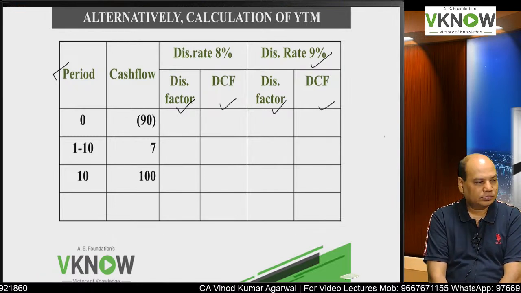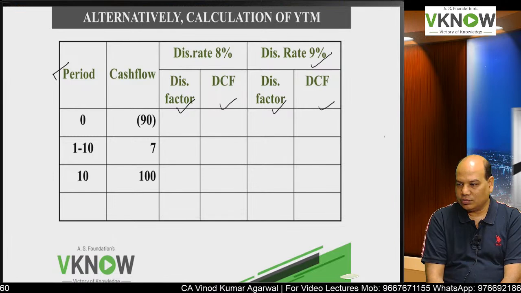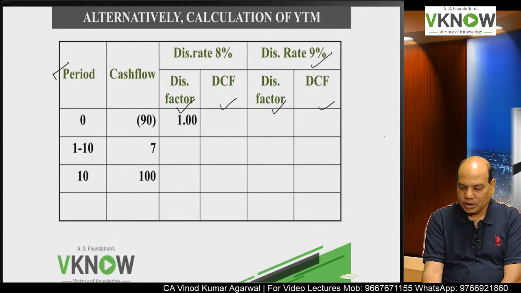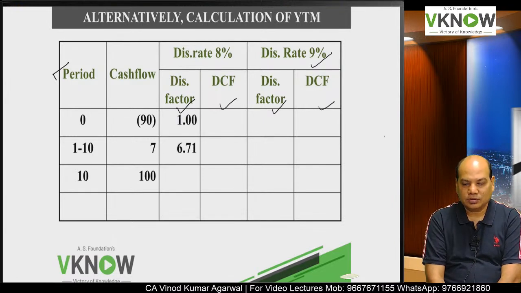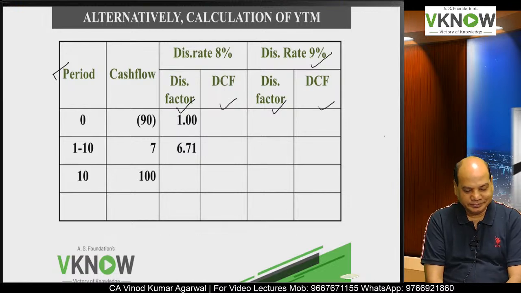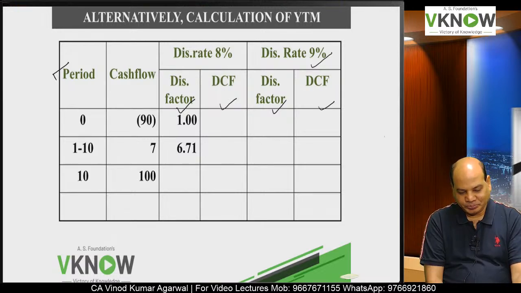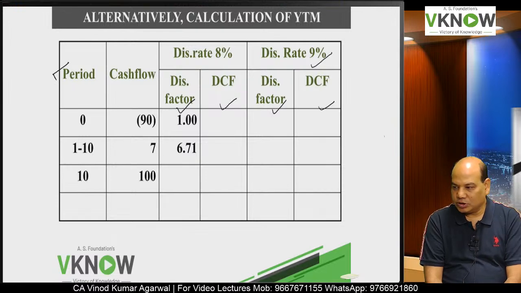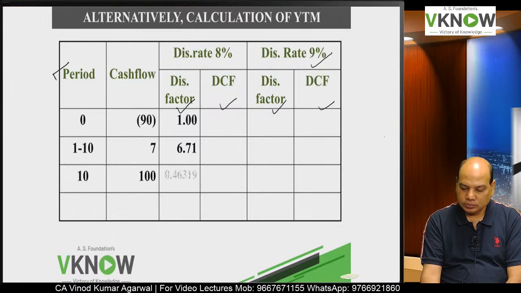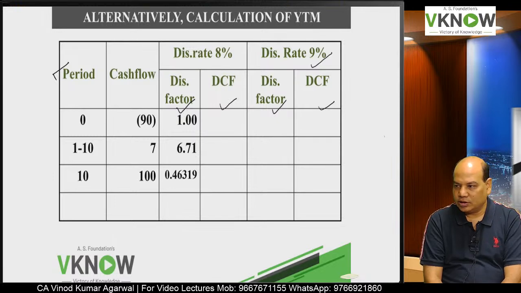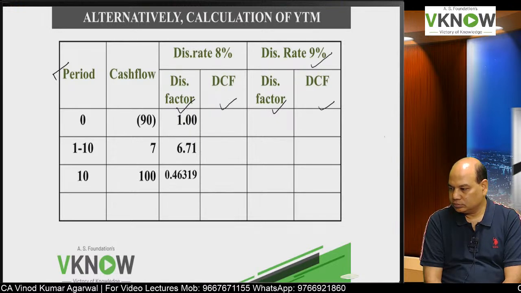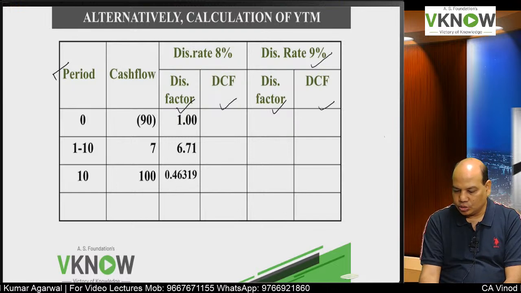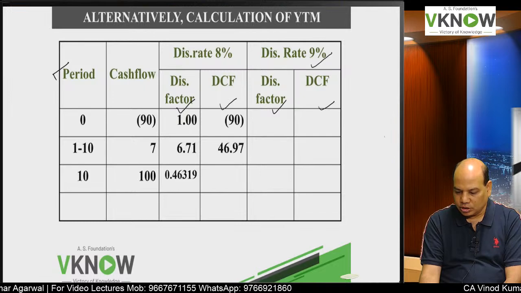Now solve. Use your calculator. Get the annuity factor for 8% and 10 periods. So it is 6.71. Try the next, 10th period factor 0.46319. Divya, please tell me the total of this column.